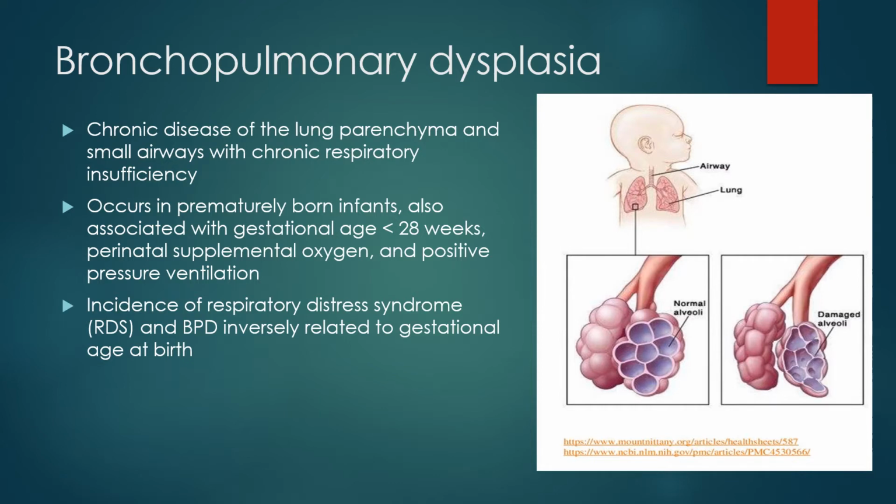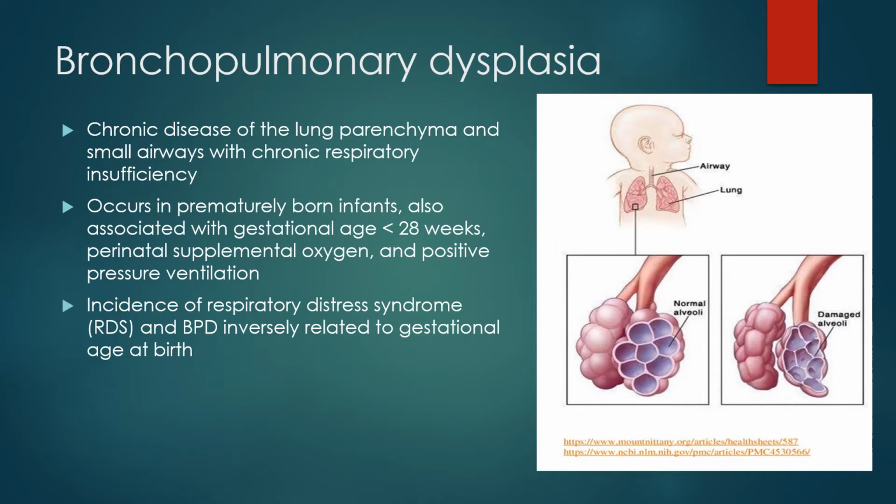The onset of RDS can be as early as 6 hours after the premature baby was born. Oxygen toxicity, barotrauma caused by positive pressure ventilation of the immature lungs, and endotracheal intubation have been reported as causative factors of bronchopulmonary dysplasia.